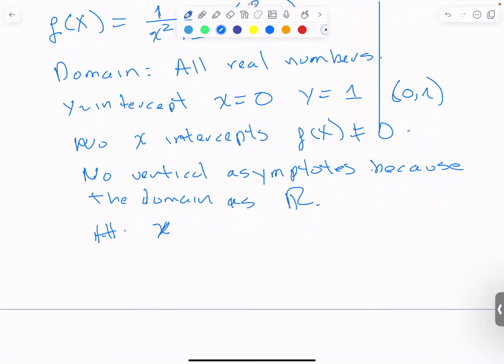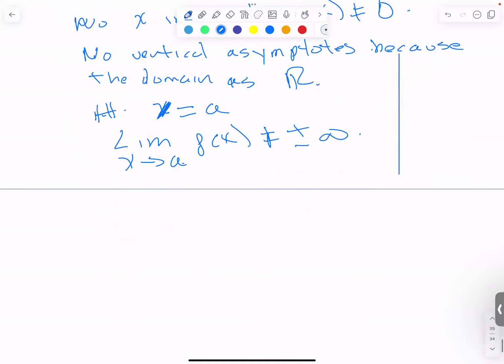For being a vertical asymptote, the line has to be x equals a, and there is no a such that when x approaches a of that function, you're gonna get positive or negative infinity. There's no such number there. That's why there's no vertical asymptote.